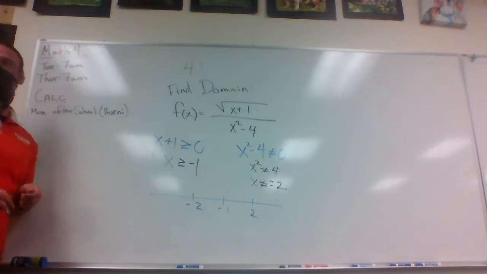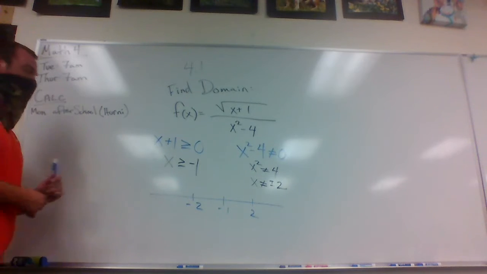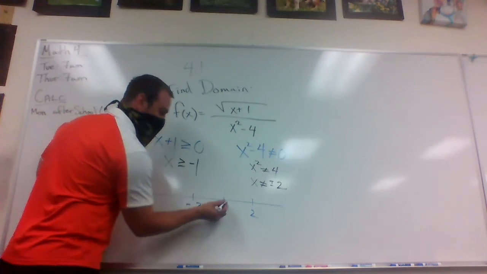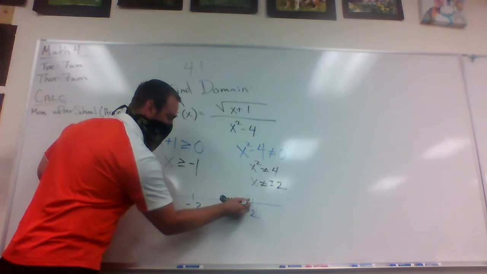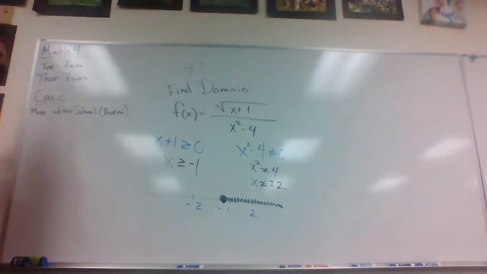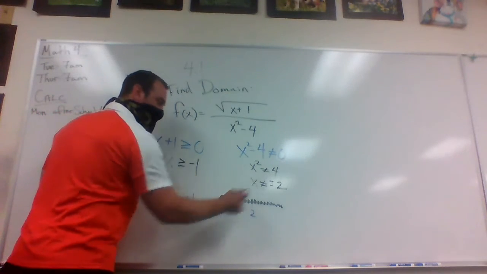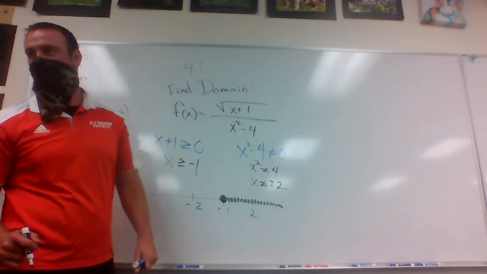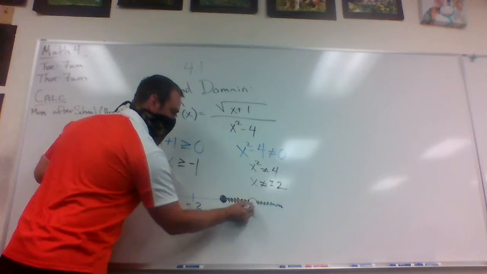Does this make sense? I would then start with -1. We gotta be greater than or equal to -1. But then look at this plus or minus the 2. We cannot be equal to the plus or the minus the 2. So I'm going to go back and put an open dot on both of those.